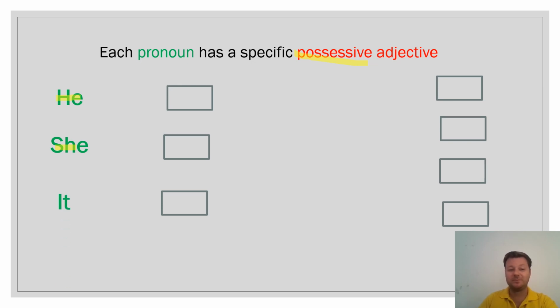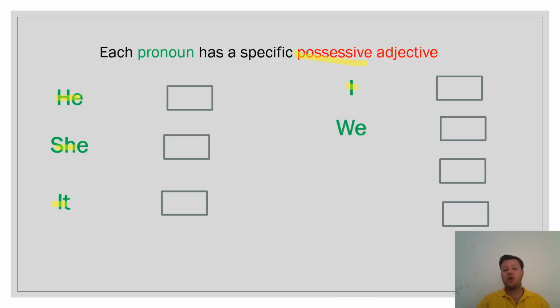It. It is when we talk about animals, objects, or things. Then we learned about I. So I want you to use your finger. Show me your finger and point to yourself and say, I. I. Very good.